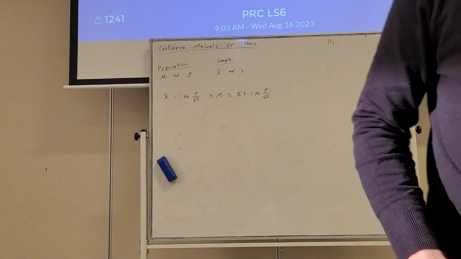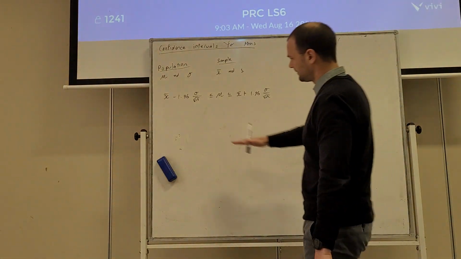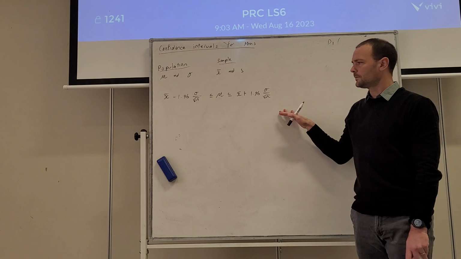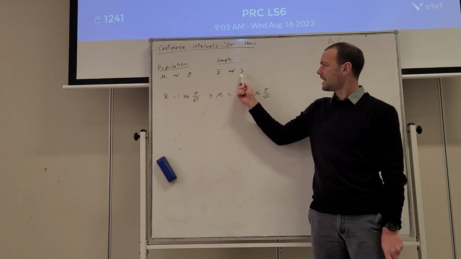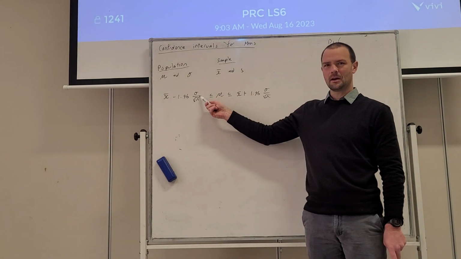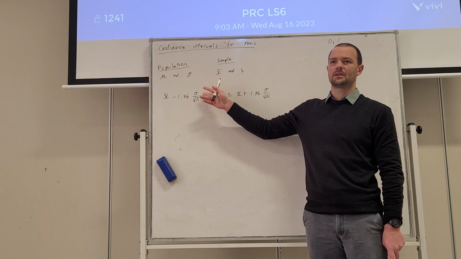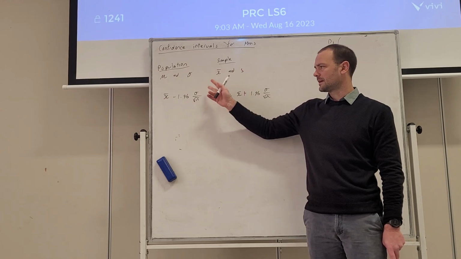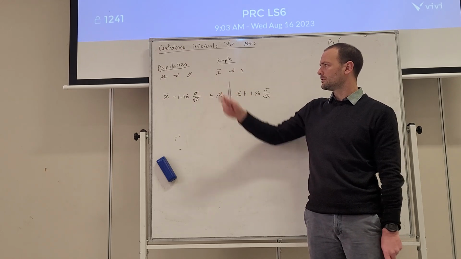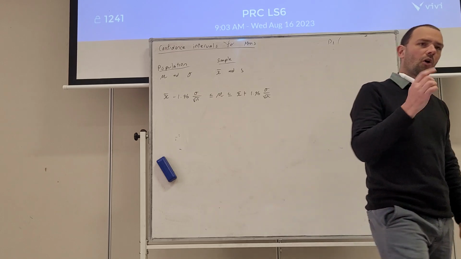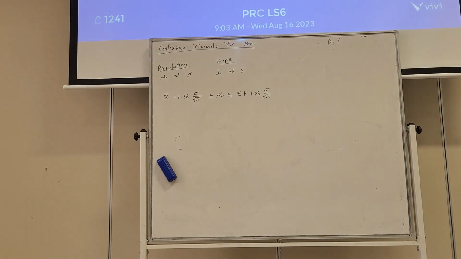Now, for a confidence interval, this is the formula that we're going to follow. We can use s instead of sigma if we don't have sigma, okay? So we can use s as a substitute for sigma, but we'll always be using x bar. Now what a confidence interval is, it's a statement about the window within which the mean lies.